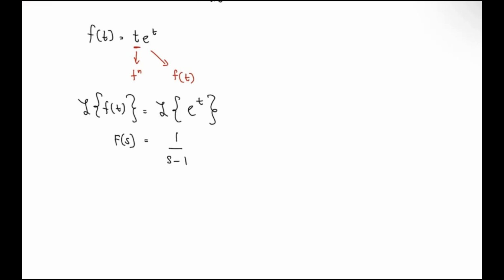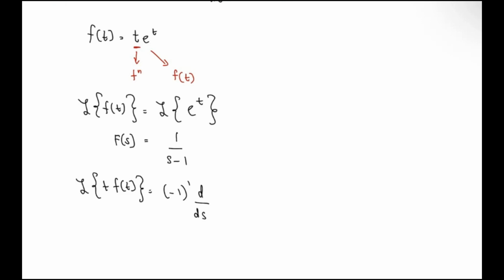So if we want to find the Laplace transform of t multiplied by f(t), by using this theorem, because n is 1, we have negative 1 to the power of 1 times d over ds.